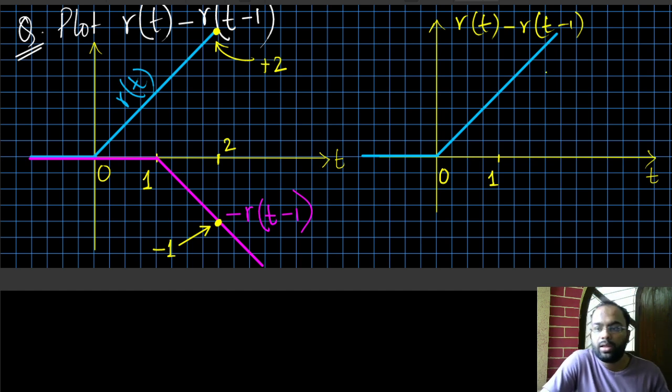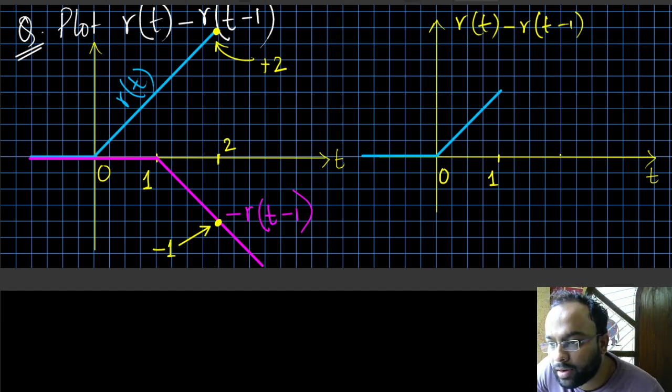So if I sum these two signals, r(t) and minus r(t minus 1), what is the value of the resulting signal at t equal to 2? At t equal to 2, r(t) has a value of +2, but minus r(t minus 1) has a value of -1. So the sum at t equal to 2, which is this point, will have a value of 1.